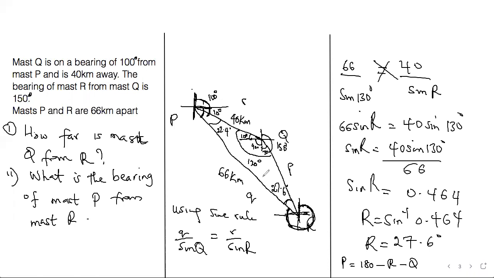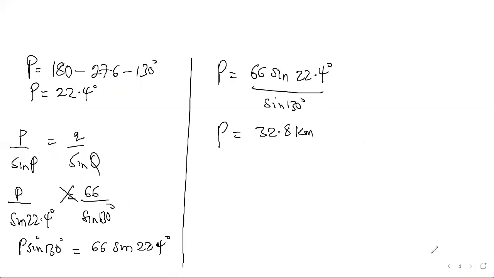So this angle here will be 10 plus 22.4. You can see 10 plus 22.4, that's 32.4. Then the bearing will be 270 plus 32.4.